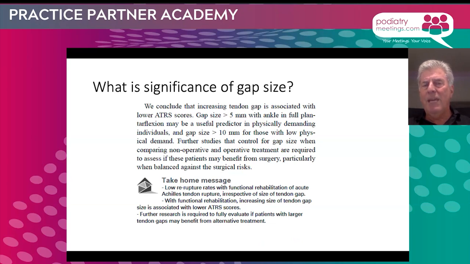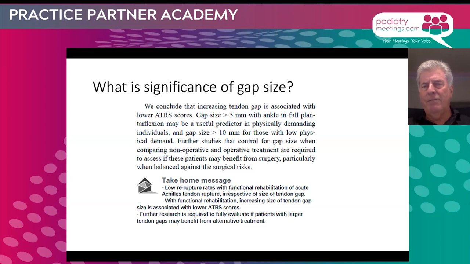And they found that the patients who had bad results in the non-surgical group were those who had a gap size greater than 5 millimeters with ultrasound examination with the ankle in full plantar flexion. In other words, the gap size really did dictate ultimately what the overall outcome of the non-operative treatment was.